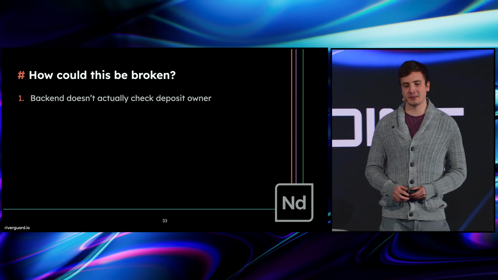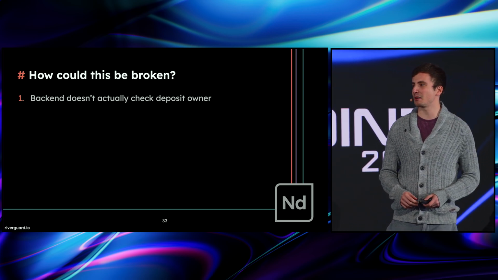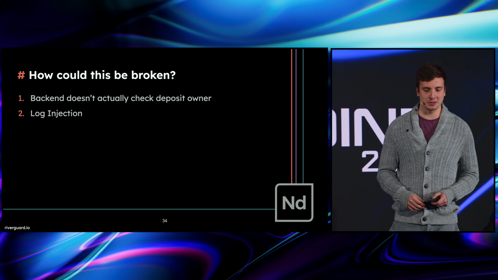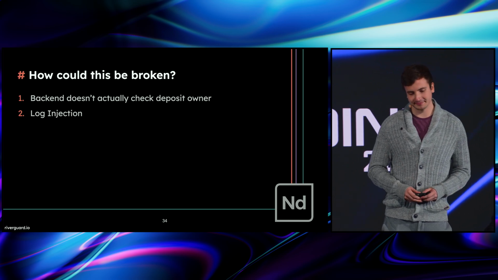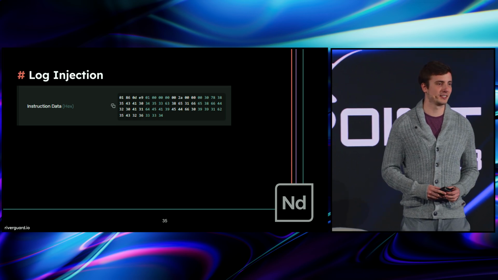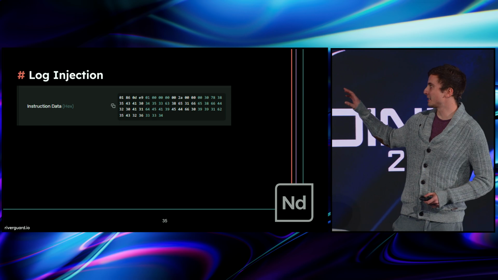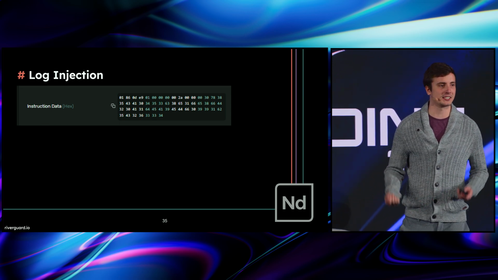So then the second idea we had, which I haven't seen around much before, we call log injection. So if we take another look at the instruction data, if you play a lot of CTFs, you might recognize that the last part of this bunch of data is just ASCII.